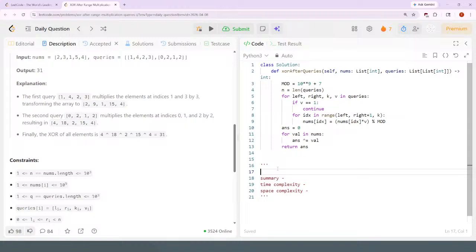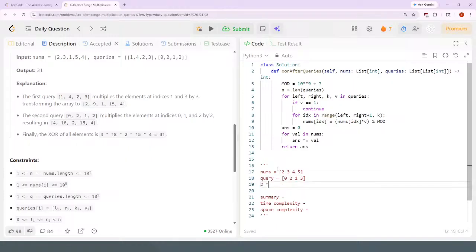So if my nums were something like 2, 3, 4, 5, and I have a query that is from 0 to 2 going up by 1, multiplying everything by 3.